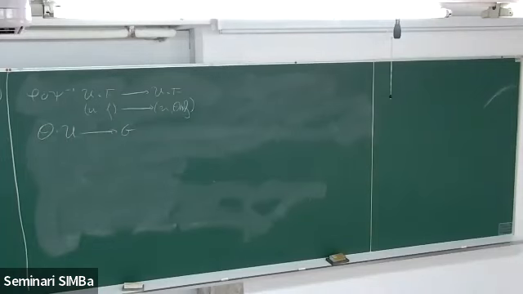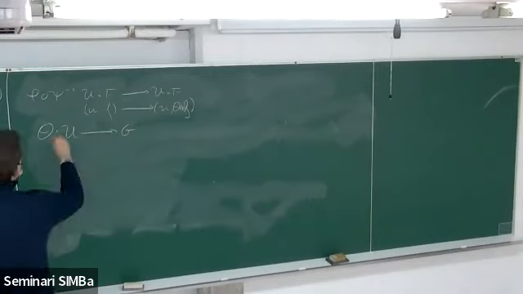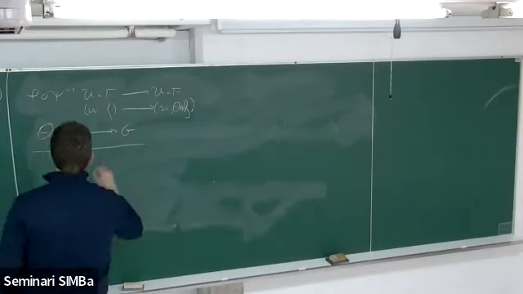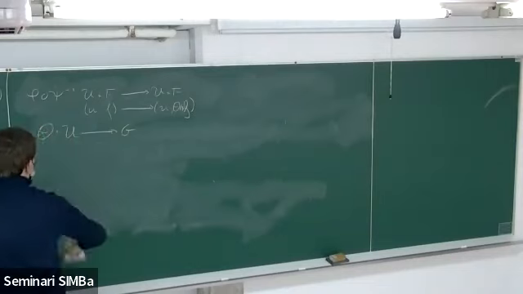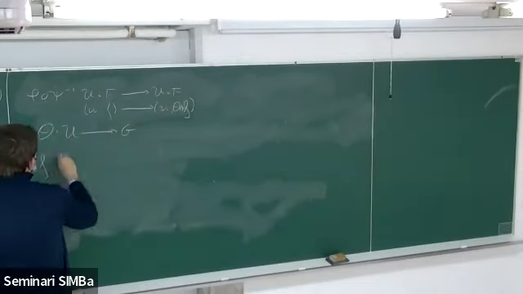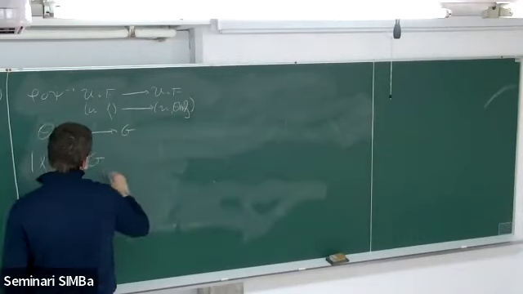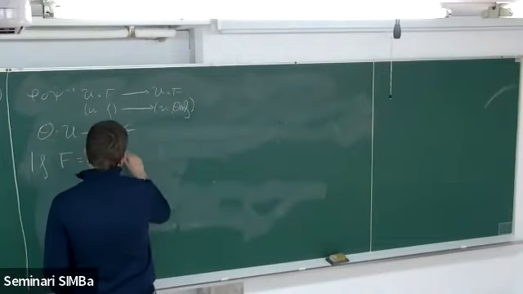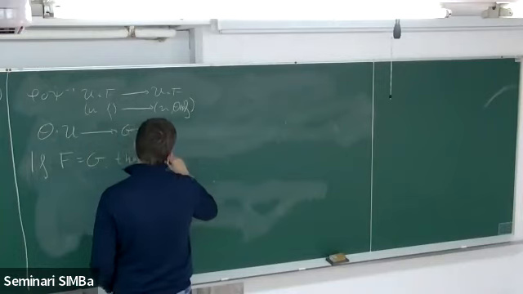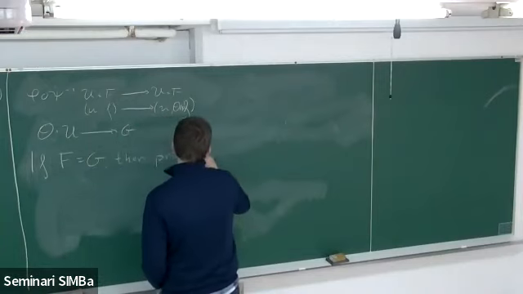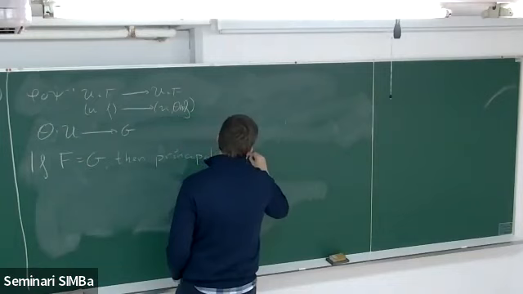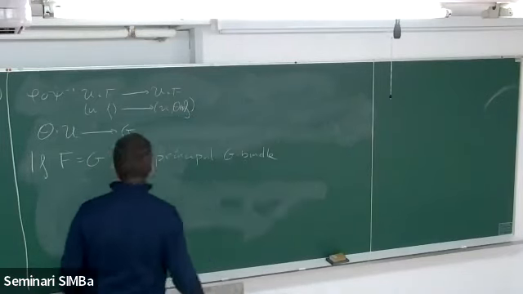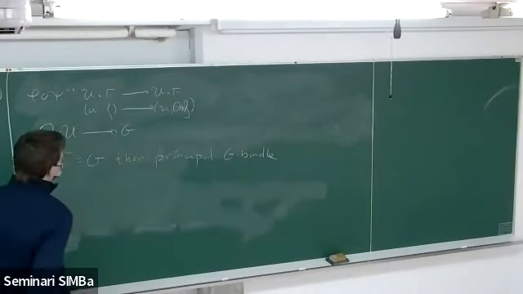So this structure is quite complicated. There's a special case: if F is equal to G, so if the fibers are the group itself, then it's a principal bundle. And the action is by translation.